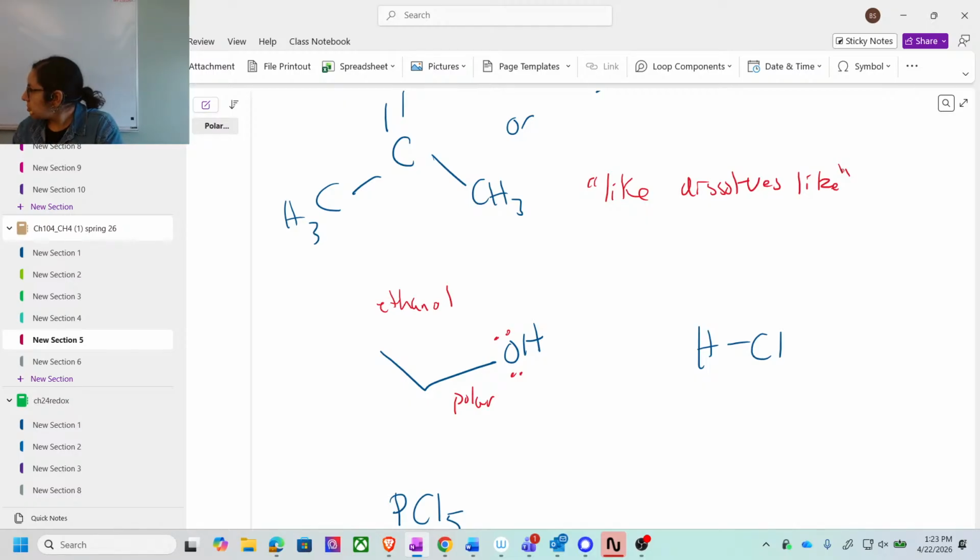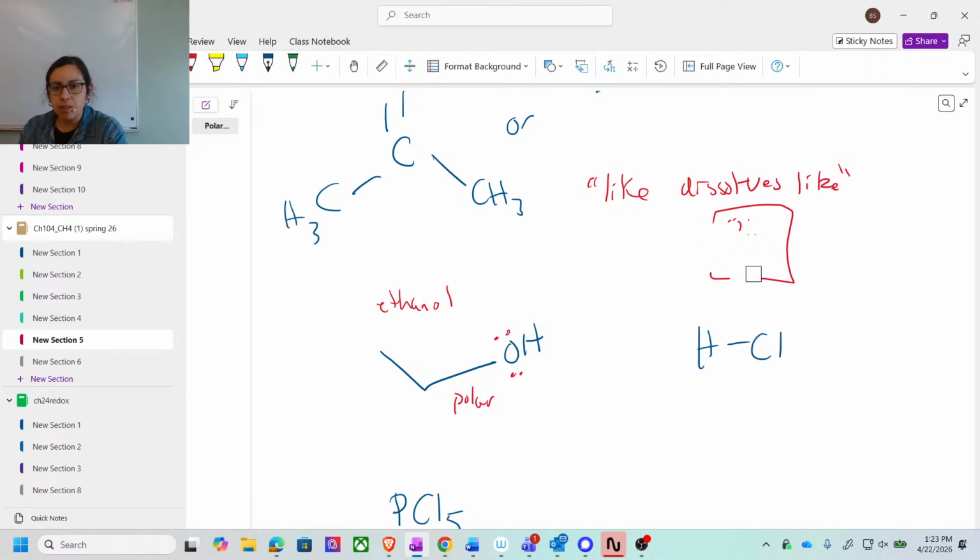My answer was, it would have to be another polar solvent that would be able to solubilize those ions, because that was the whole point of the light bulb demo, that our water is polar. Oh, sorry, I was trying to draw the jar, but now you can't see anything. So let's make that bigger.